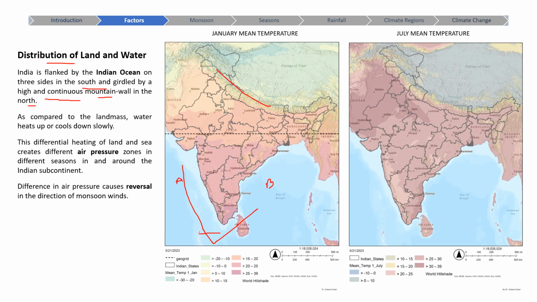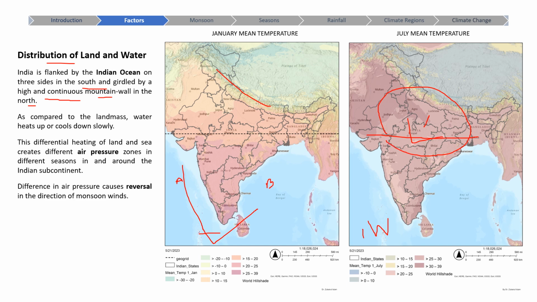What happens in general at a larger scale, the most important role is played by this land and water. This is land here and this is water. Land heats very fast and cools very fast. Water takes time, heats slowly and cools slowly. When the sun comes to the Tropic of Cancer, this land mass gets heated very fast.